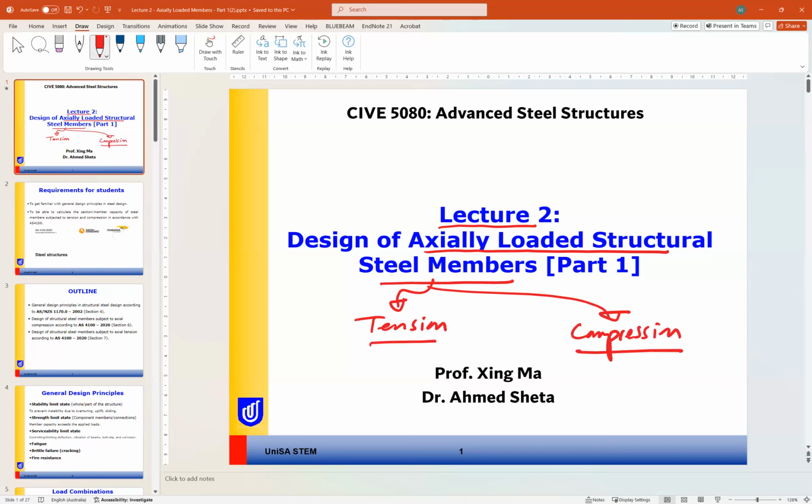Okay, as you know, axially loaded members means the member is subject to forces in the axis direction. This force can be tension like this one or compression like this one. Okay, the main thing, the forces are axially applied to the member.